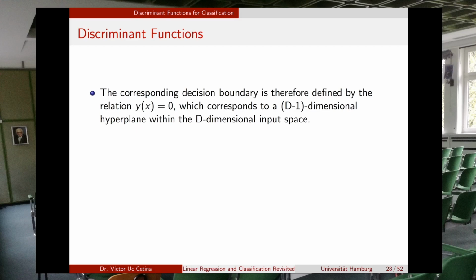Now, notice that the corresponding decision boundary, as I said before, is defined by this relationship, y of x equals 0. So every point in that decision boundary will evaluate the equation of the decision boundary to be 0.